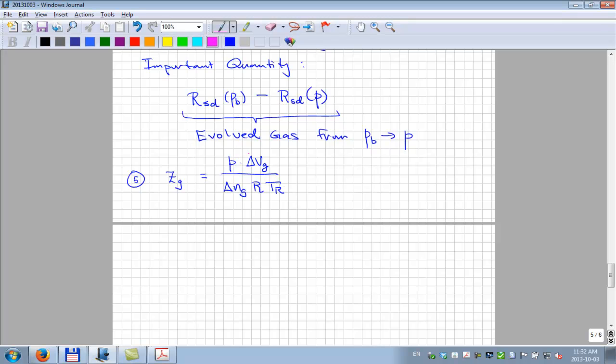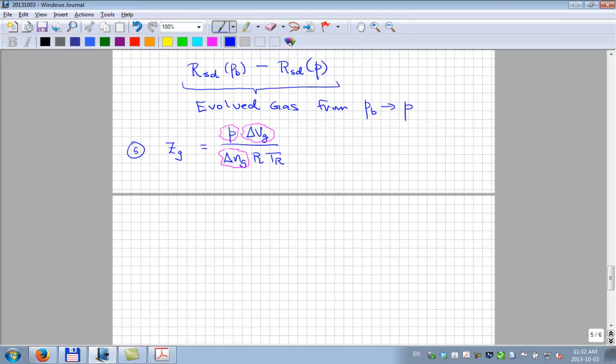So what we actually measure is this, this, and this.